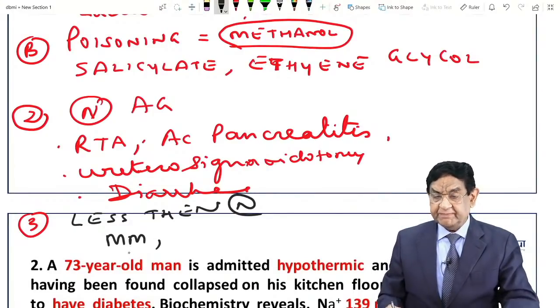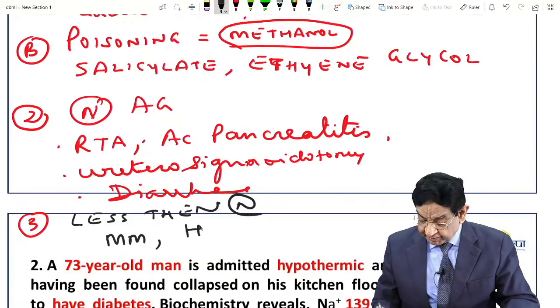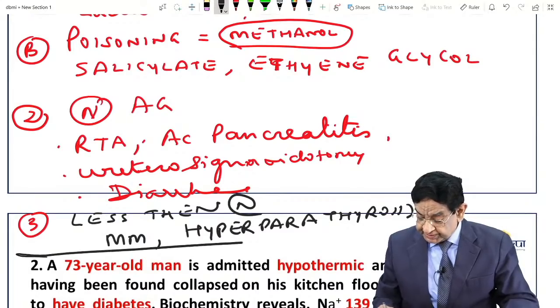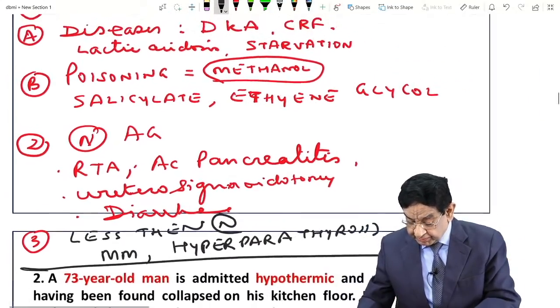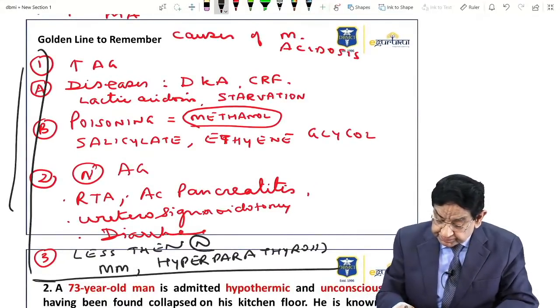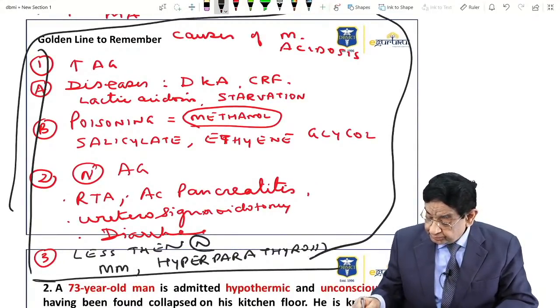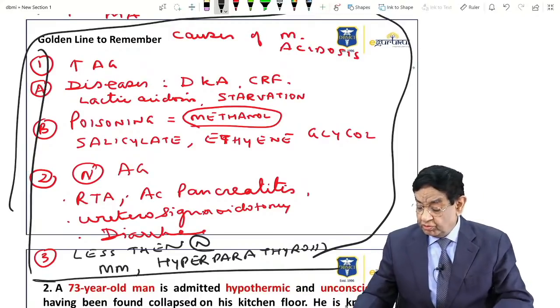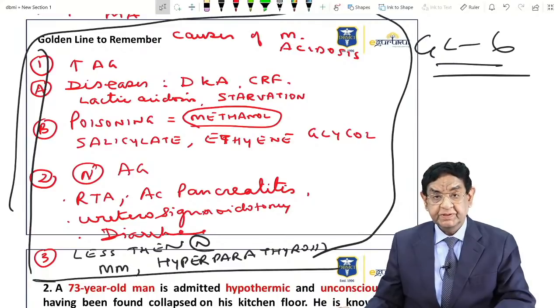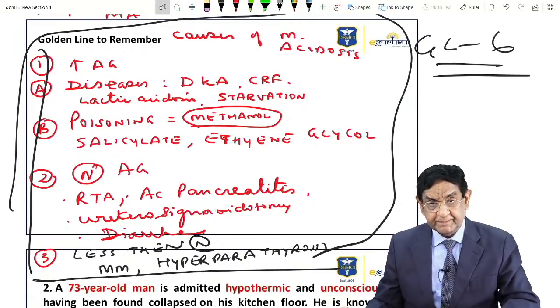MM is multiple myeloma, and hyperparathyroid. Friends, this is the golden line to remember. Make a box. This golden line to remember is number 6. This is what you have got to remember.